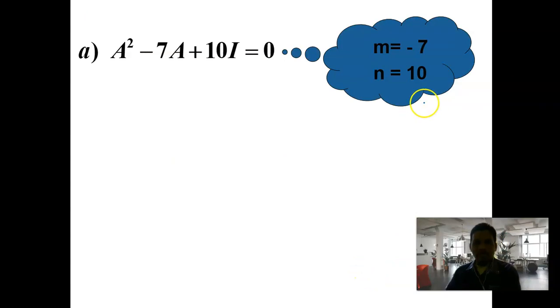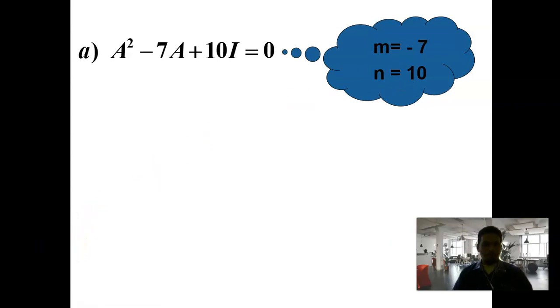So now, when M equals negative 7 and N equals 10, just imagine that we multiply all this with A inverse. A squared means A multiplied with A, then A inverse, minus 7A with A inverse, plus 10 identity with A inverse equals 0 multiplied with A inverse. So 0 with A inverse straightly gives you 0 here.